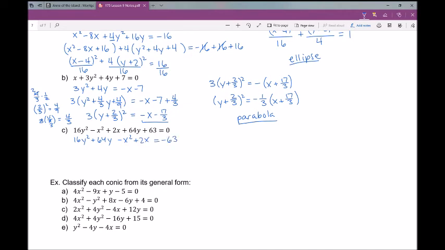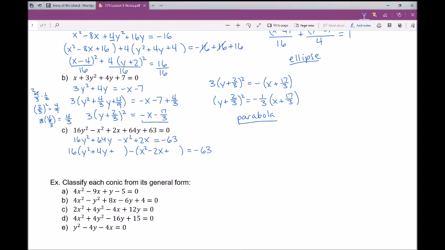Okay, so now we want to factor out any coefficients from the squared terms. So we have 16 times y squared plus 4y, and I'm going to leave a space for that number we're going to add. Factor out the negative from the x's, so we have negative x squared minus 2x, again I'm going to leave a space, and that's equal to negative 63.